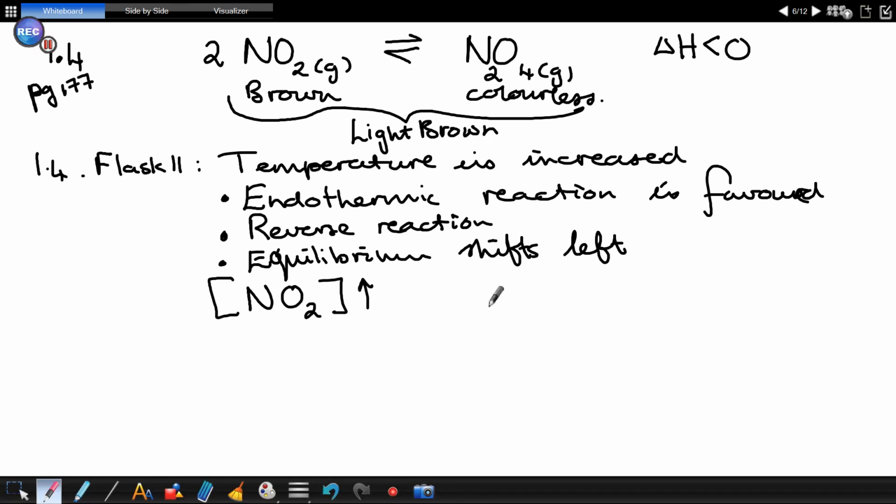Okay. So what will you see? That's why they give you the color. What will you see? The light brown color will change to what?